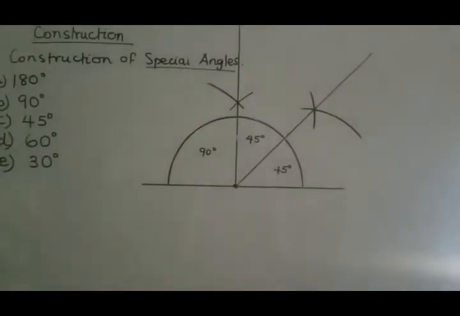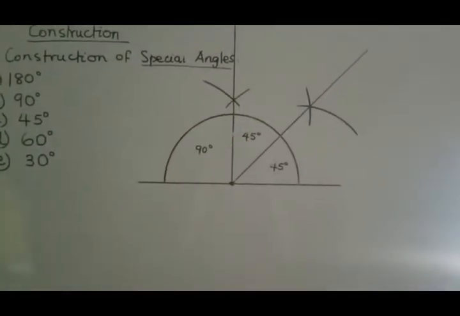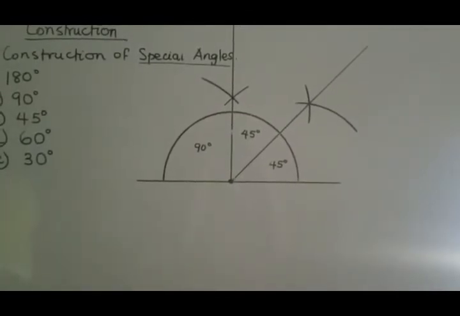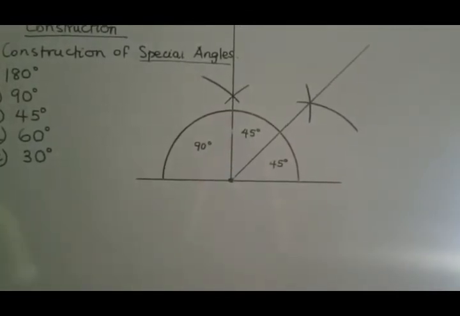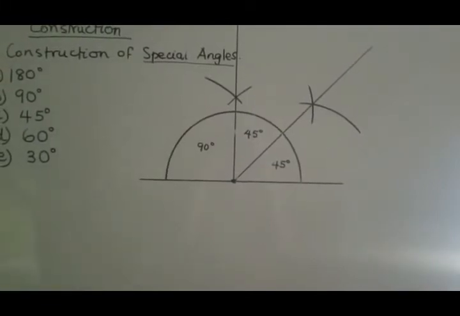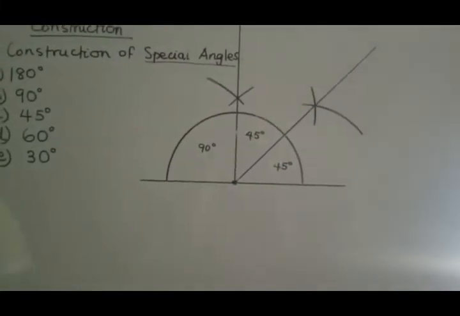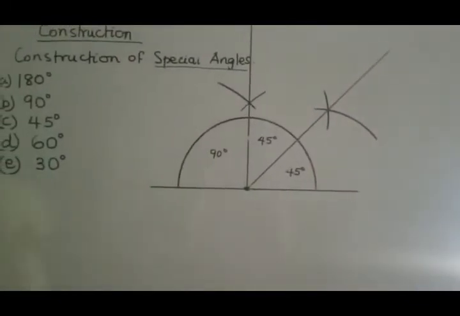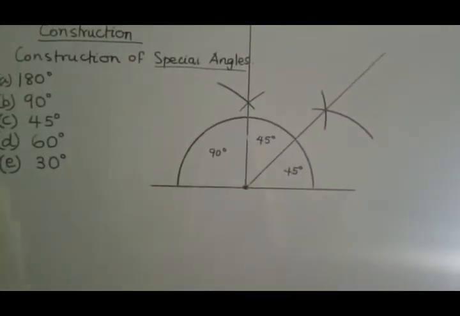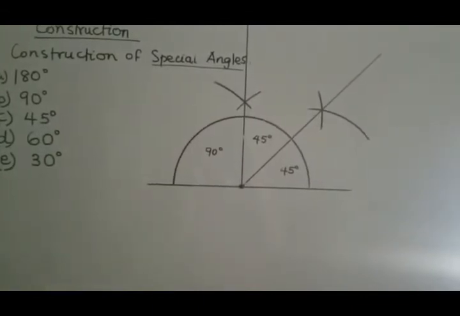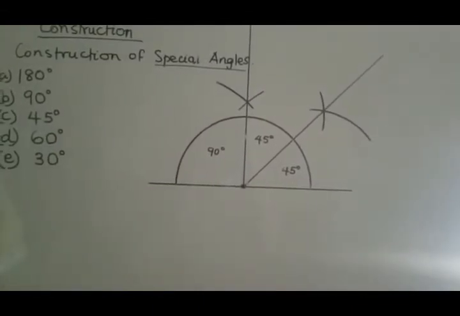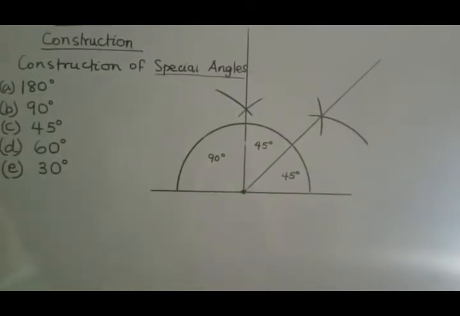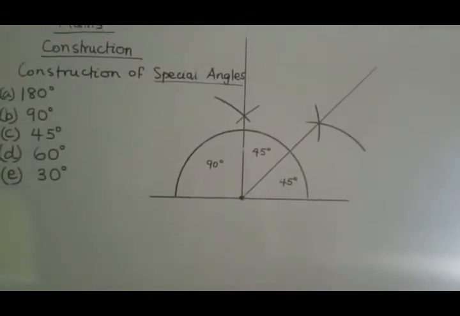Okay, now what about 60 degrees and 30 degrees? Okay, 60 degrees, I said we would trisect 180 degrees. That is, we are still going to draw 180 degrees, and when we draw 180 degrees, then we are going to divide 180 degrees into 3 equal parts.